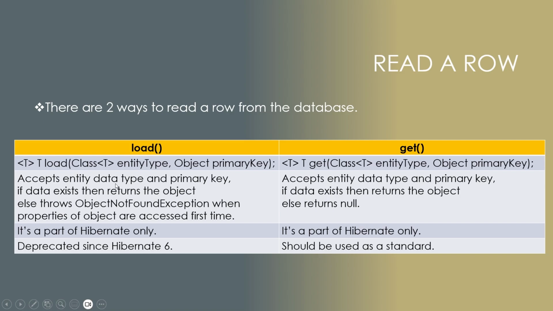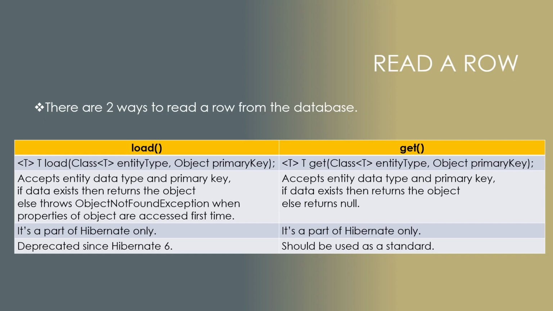So in the load, we say that it is going to accept two things, the data type and the primary key. Yes, we know. Then if the data exists, I mean if for that primary key we have a row in the database, it will return you the object, the owner object, let's say. And if it is not there, then it will not directly throw any kind of exception.